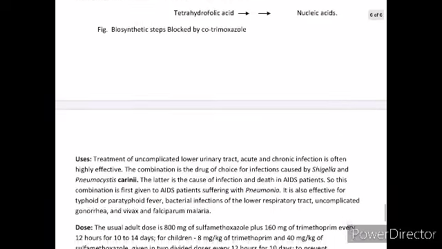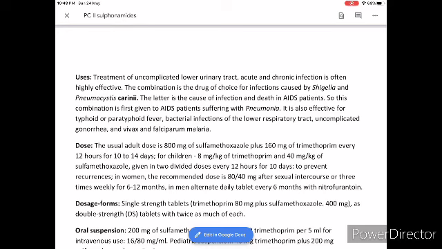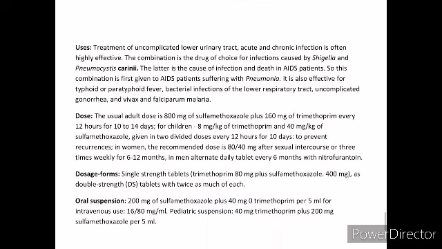And now this cotrimoxazole is used for treatment of uncomplicated lower respiratory tract and lower urinary tract infections, acute and chronic. It is highly effective. Then this combination is the drug of choice for infection caused by Shigella and Pneumocystis carinii. The latter is the cause of infection death in AIDS patients.